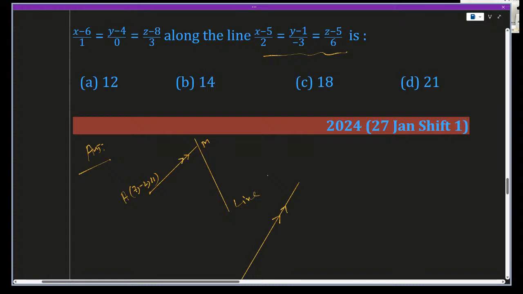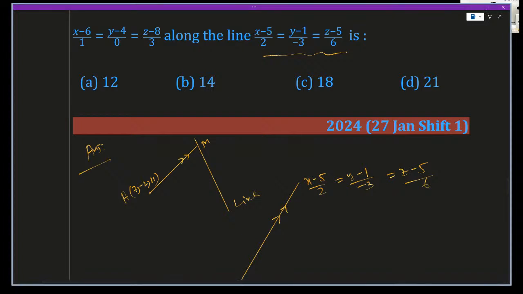So how to proceed? Again, you write the equation of a line which is parallel to this line. So this equation we can write now. How to?